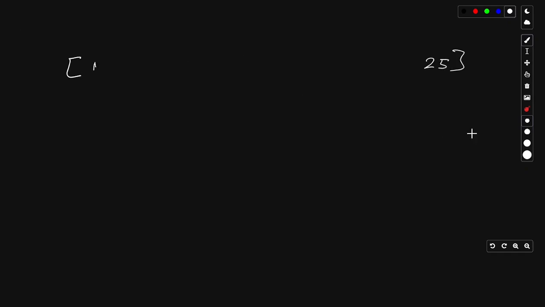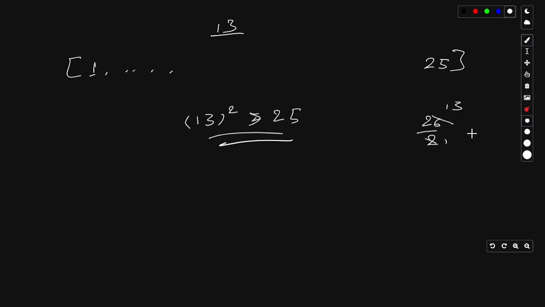We can have 1 as the starting point, and then we will have our mid as 26 by 2, 13. 13 square is obviously greater than 25, so we'll have our high updated to 12, right? So now our search space is between 1 to 12.